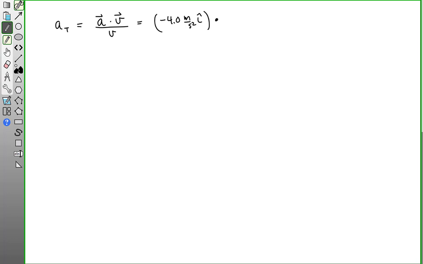And we are going to dot this with the velocity vector, which has both an x component, which is 2.0 meters per second, and a y component, which is 3.0 meters per second. This is all divided by the magnitude of the velocity, which is equal to the square root of the sum of the squares of the components of velocity.